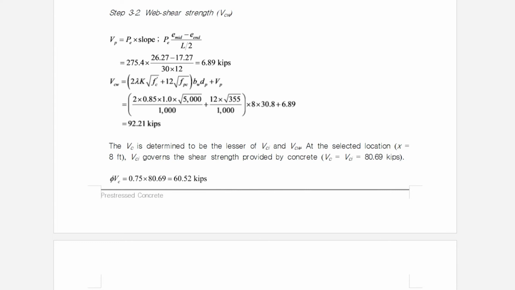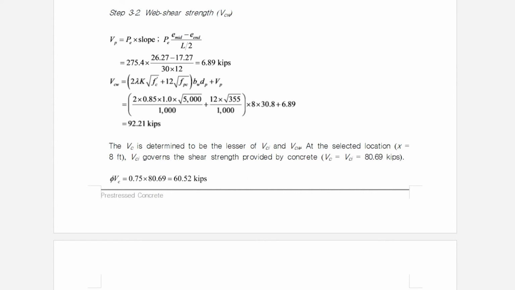And 2 times lambda 0.85, K is 1, square root of 5,000 psi. So it's to get the kips unit. 12 times 355. It's already calculated in the previous checking of the approximate method, whether that can be used or not.